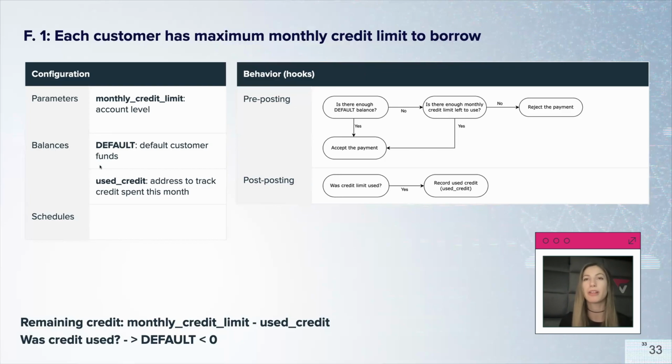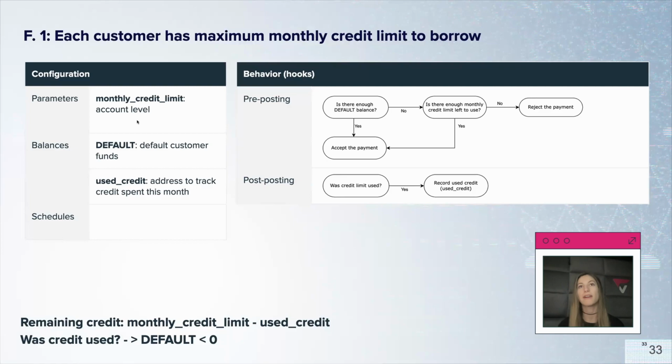For this purpose, I will create a custom address, which I will call used credit, which will be a separate balance, which I will use to track how much of the monthly credit limit this customer has already spent. Besides that, I will have the default address, which will contain the customer-owned funds. So that's the money from the payments that customers sent to or from the account.